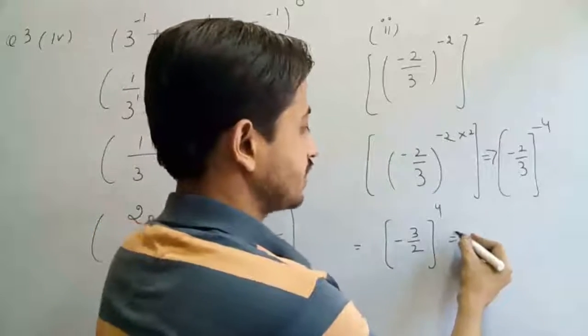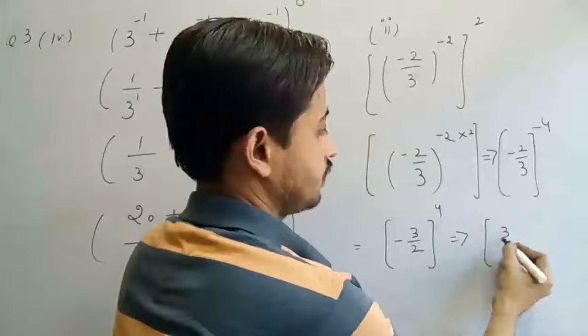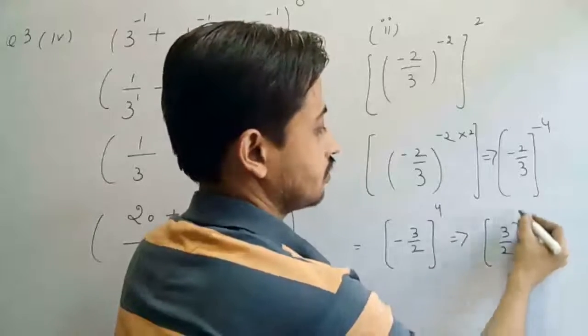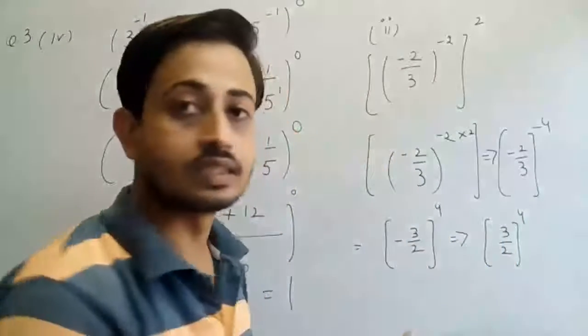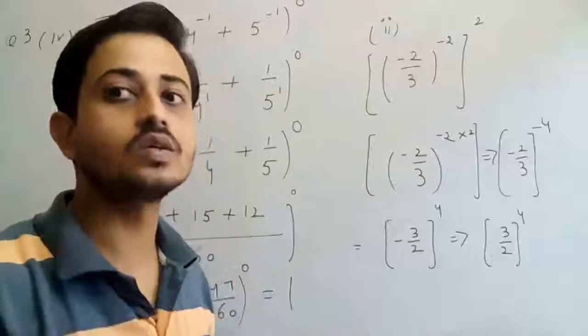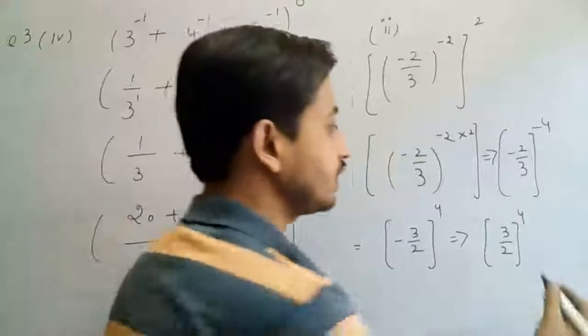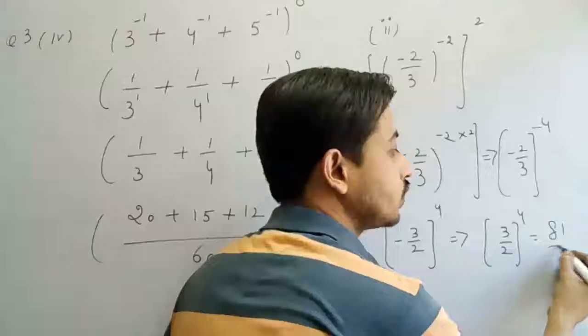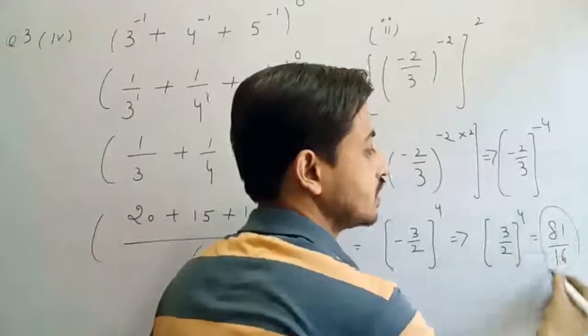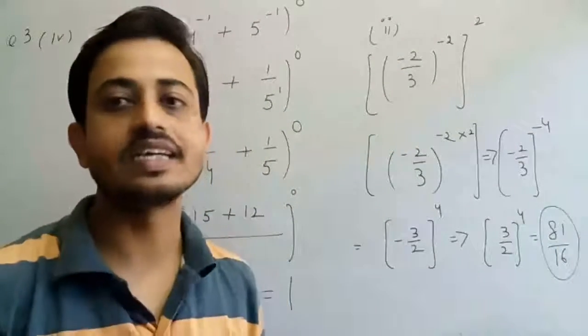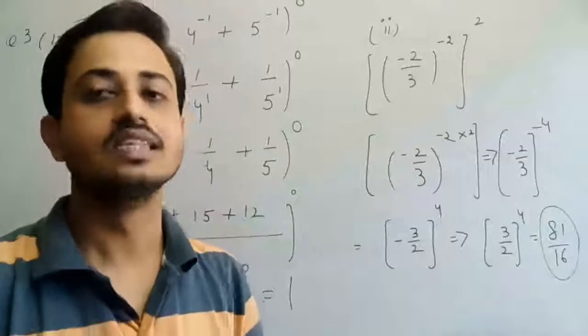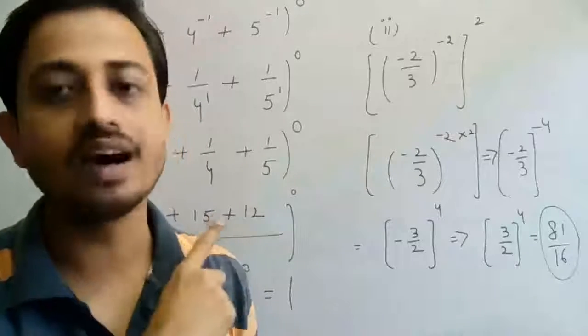So we can write it as 3 by 2 raised to the power 4. Now 3 raised to the power 4 means 3 into 3 into 3 into 3, we get 81. And 2 into 2 into 2 into 2 we get 16. So the answer is 81 by 16. So please make a note.